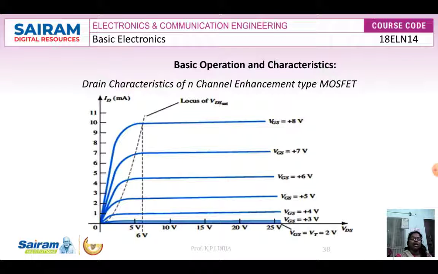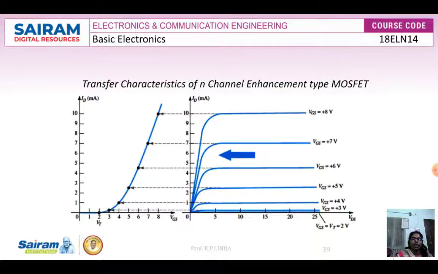Whenever the VDS voltage increases, ID increases, and at a certain point the ID current remains constant. That region is called the saturation region. Where the linear increase happens, when VDS increases and ID increases, that region is called the ohmic region. Then there is the pinch off voltage, and so on.